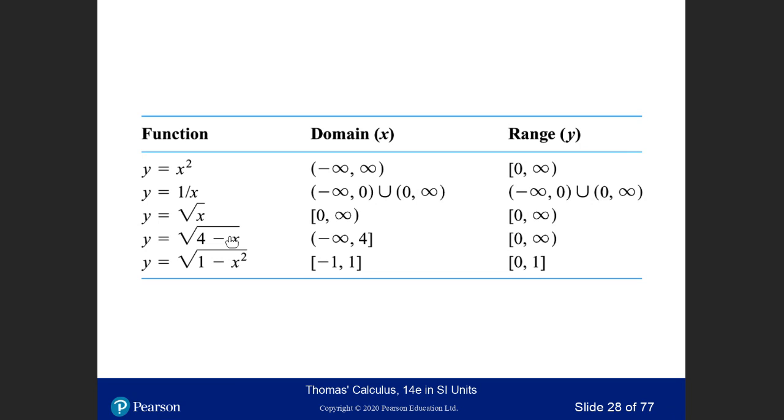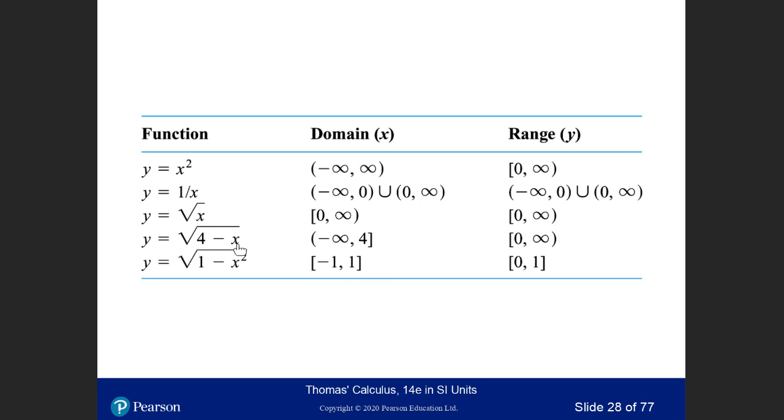Let's look at the square root function. y is equal to square root of 4 minus x. It's obvious that the square root is not defined for negative values. So the domain of this function is minus infinity to 4, where 4 is included, because at 4 this function has a value 0.